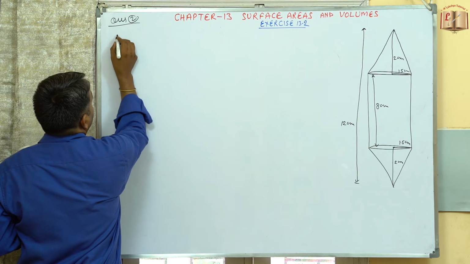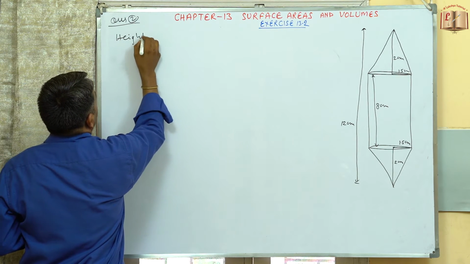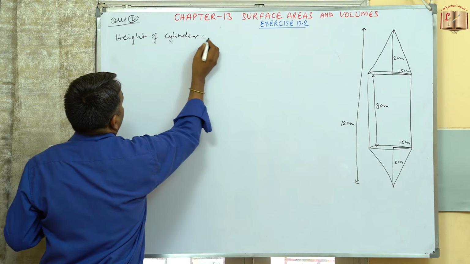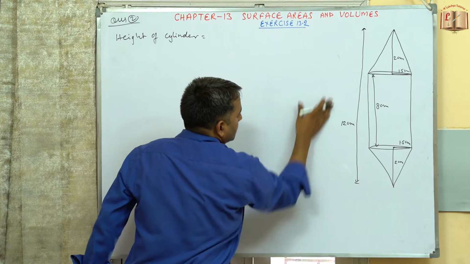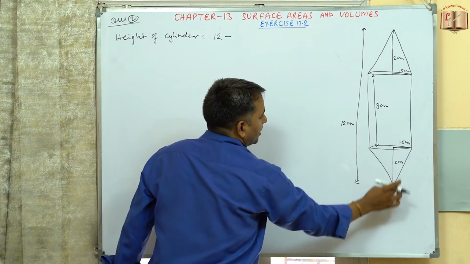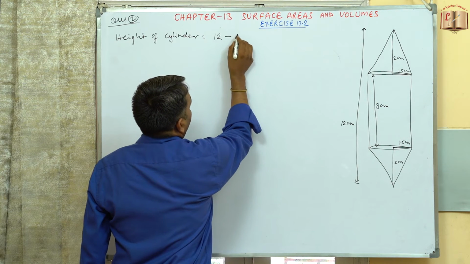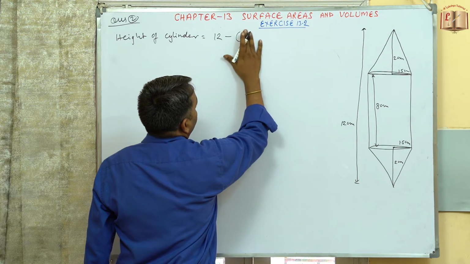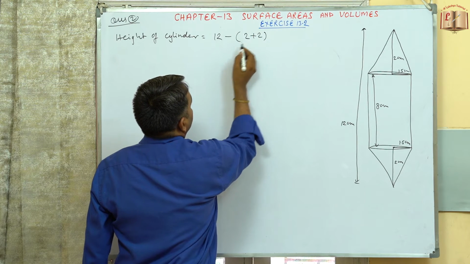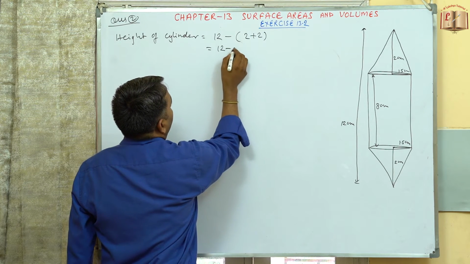So now the height of cylinder will be equal to the total height, so this is 12 minus height of these cones. So 12 minus 2 plus 2, so this will be 12 minus 4.